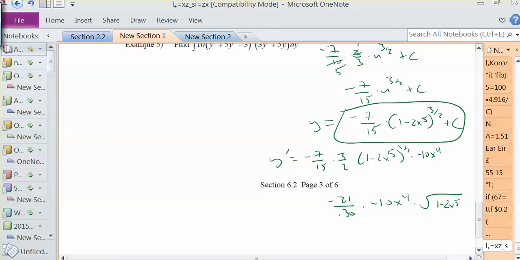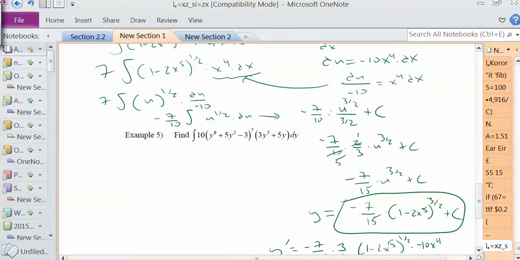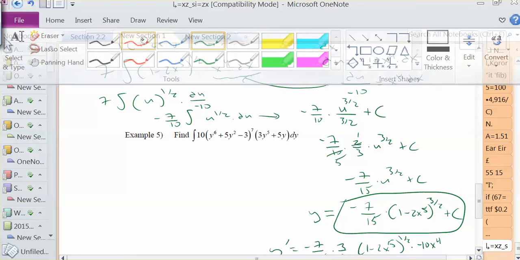And things kind of cancel, and we actually get what we're looking for. So let's try one more. Let me change colors. We'll go red.